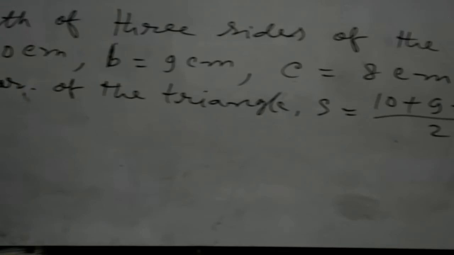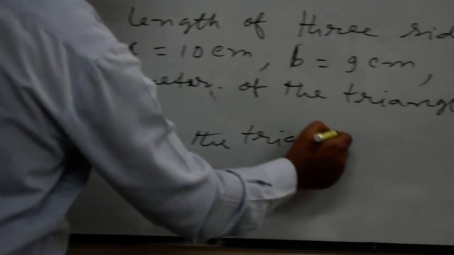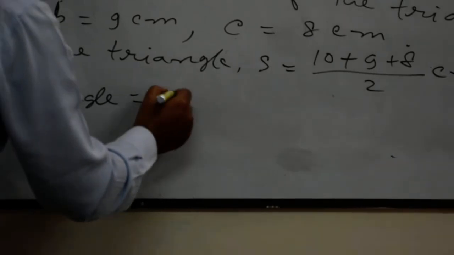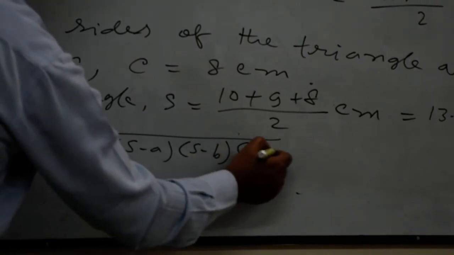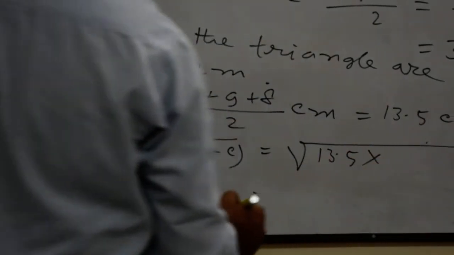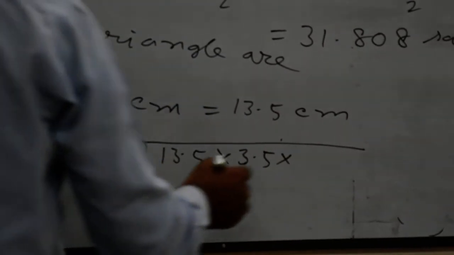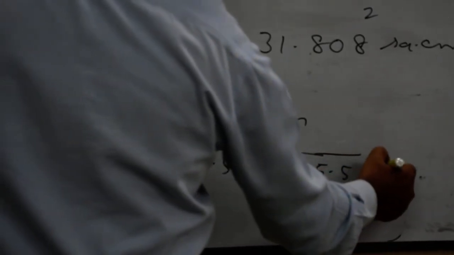Therefore, area of the triangular part, area of the triangle, you have learned this formula in 16.1, that is square root over S into S minus A, S minus B, S minus C. Now substitute the values for related symbols, that is 13.5, and if you subtract 10 from 13.5, that will be 3.5, and subtract 9, that will be 4.5, and also subtract 8, that will be 5.5 square centimeter.